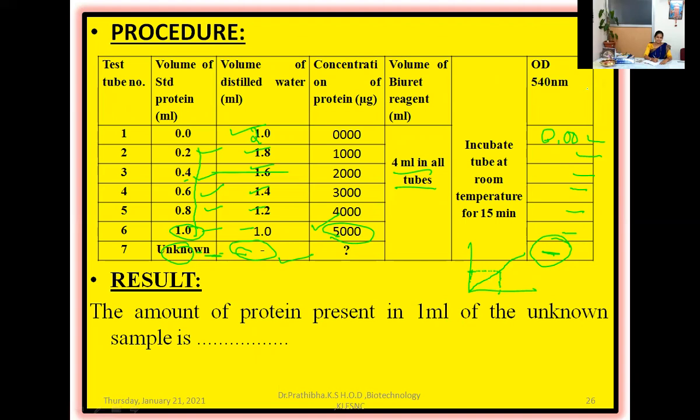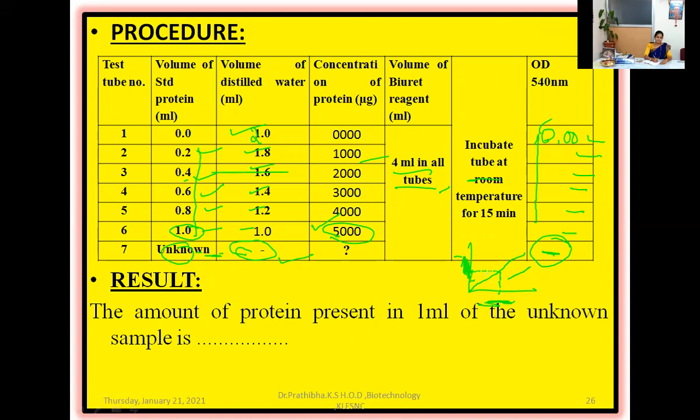Once you get all these ODs, you are going to plot the graph. On the y-axis is the OD at 540 nanometer, and on the x-axis the concentration of the protein is plotted to obtain the standard curve, which crosses through a maximum number of points, plotted in line with the origin.